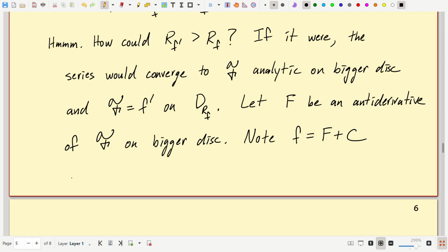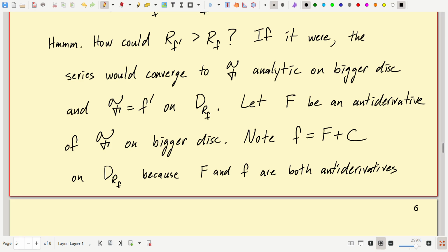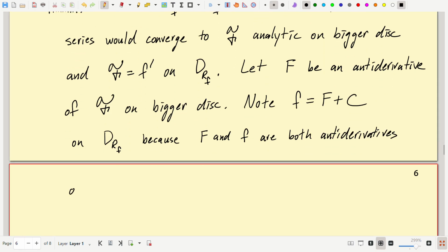So note on the disk of radius of convergence of f, capital F and little f are both antiderivatives of f prime there.